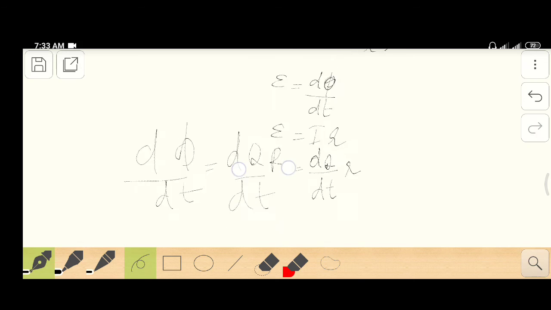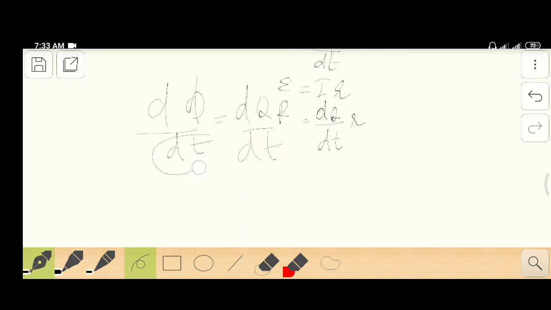So we can see that the denominators are equal, so the numerators will also be equal.